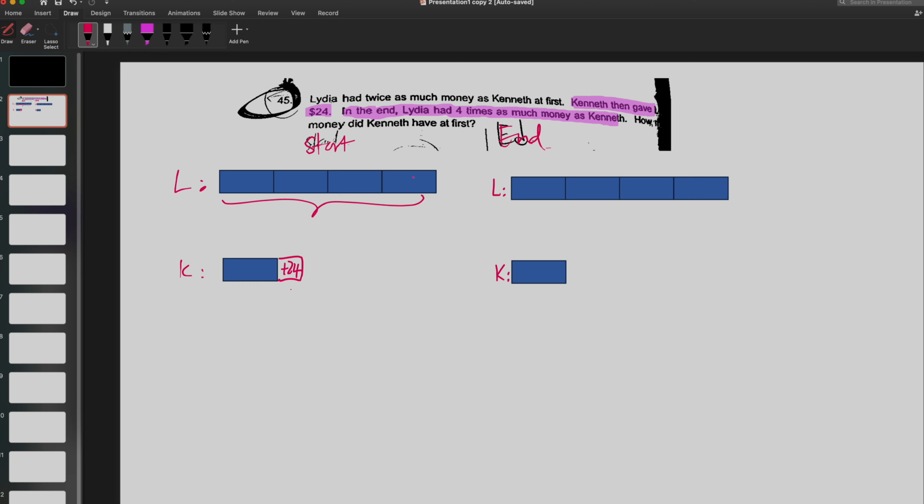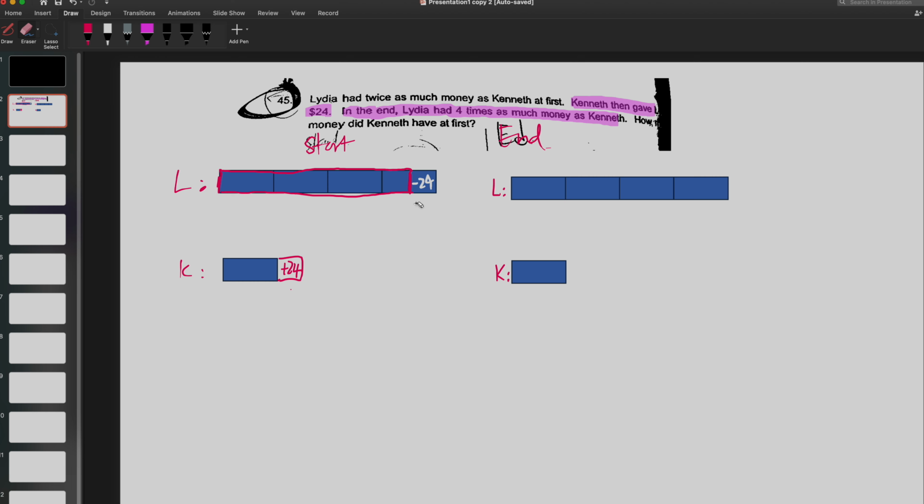So therefore Lydia is actually 24 less than 4 rectangles. Okay, so how do you draw it? You probably can do it like this. So Lydia at the start should be here. Okay, Lydia at the start is here. The 24 is minus 24, which is gone at the start.